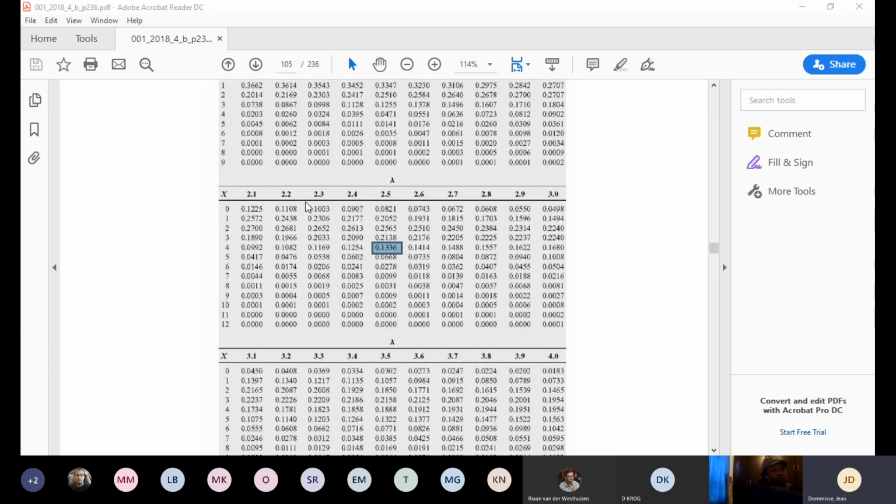Let me quickly show the next question: the probability that no one will enter the voting station in a given minute. So no one is 0. The probability that no one will enter the voting station is actually 0.0821, and they said it is 0, so that is also the incorrect one.